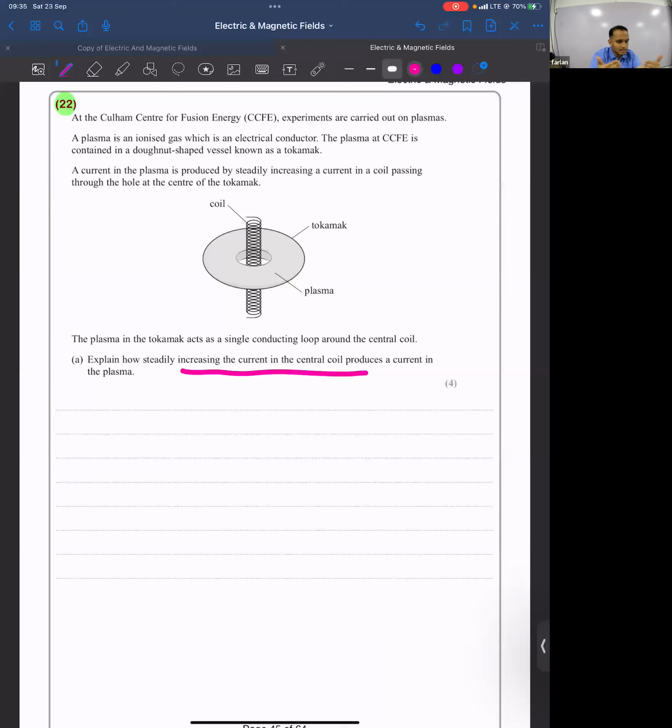There will be a magnetic flux linkage through the plasma even in that case, but the magnetic flux linkage through the plasma will not be changing. According to Faraday's law, the EMF induced is proportional to the rate of change of magnetic flux linkage. So for an EMF to be induced, the magnetic flux linkage should change. Understand? If the magnetic flux linkage is not changing, there won't be an EMF induced. Right, now the answer.